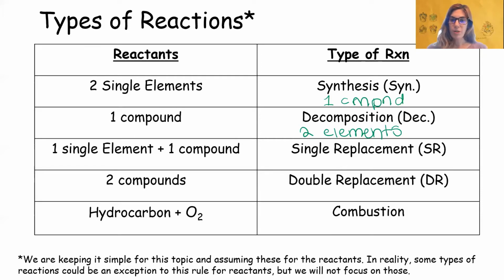A single replacement reaction involves 1 single element and 1 compound. The single element actually replaces the cation or anion in the compound, and so it forms 1 new single element and 1 new compound.